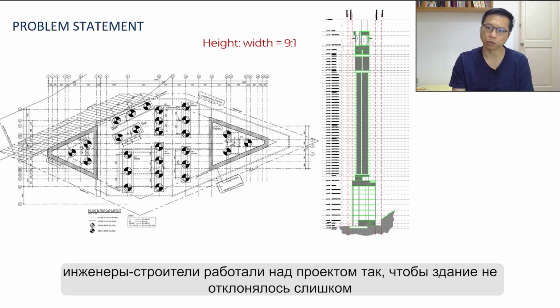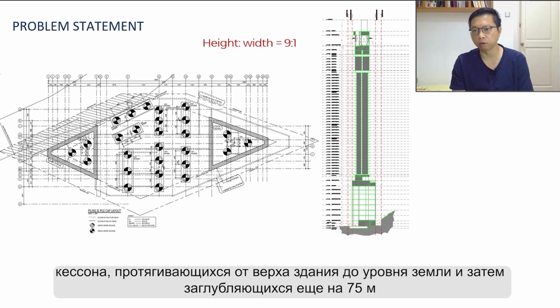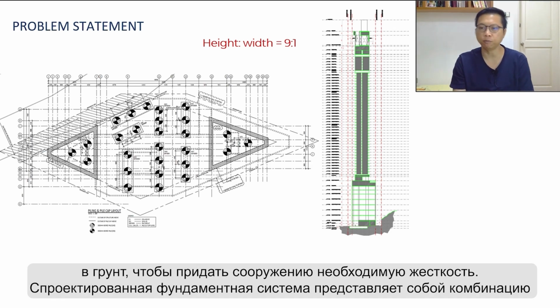So the structural engineers were juggling with the design so that the building will not deflect too much to resist the wind loads. Eventually, the structural engineer decided to design 2 triangle coffers from the top of the building extended down to the ground level and go further down 75 meters into the soil to give the rigidity it requires.